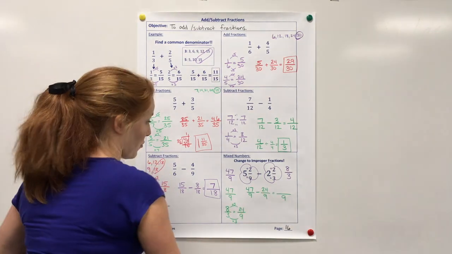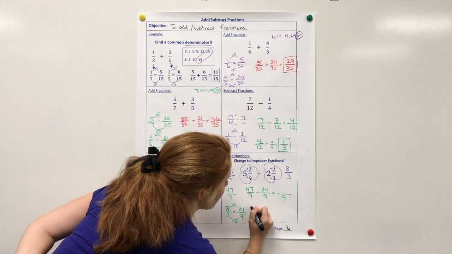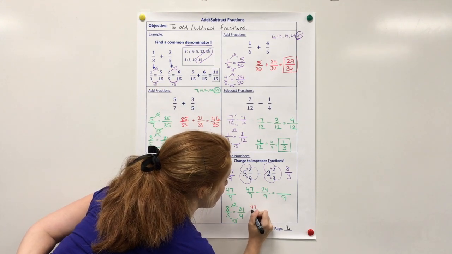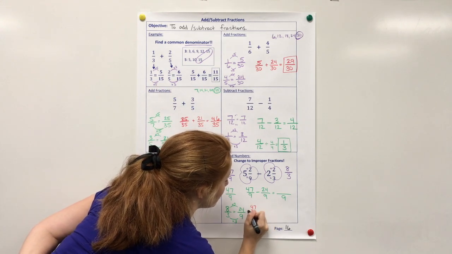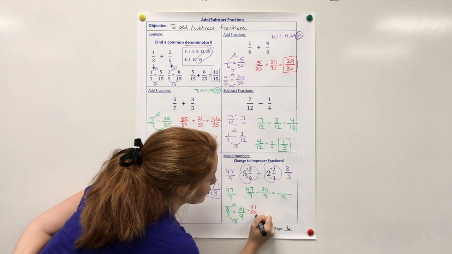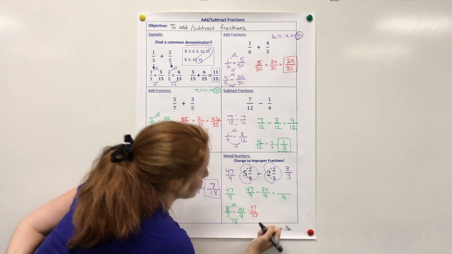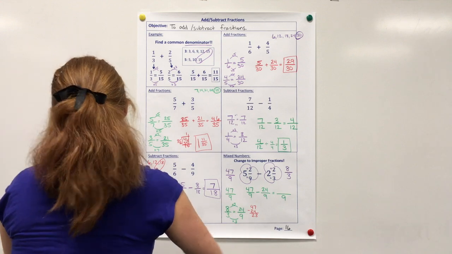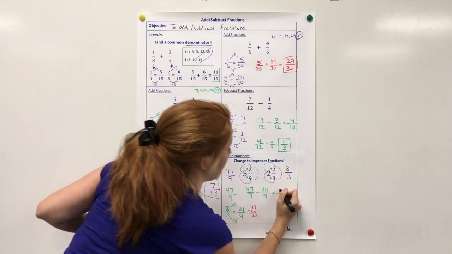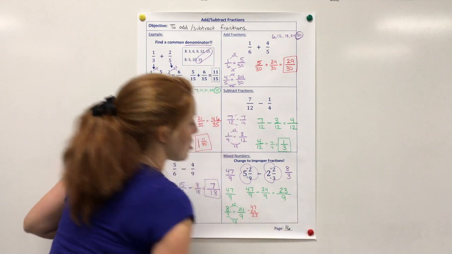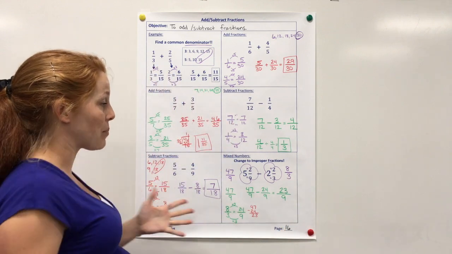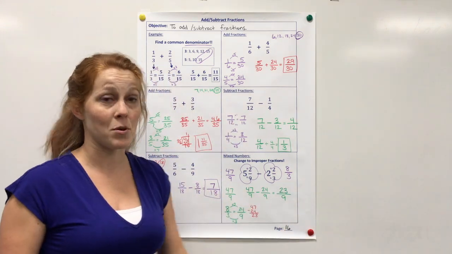So be careful and make sure you're subtracting carefully. I'm going to just write it down right here, 47, 24, subtract. 7 minus 4 is 3, 4 minus 2 is 2. So that would be 23/9. Okay, now, last step, I need to change it back to a mixed number because it's improper.